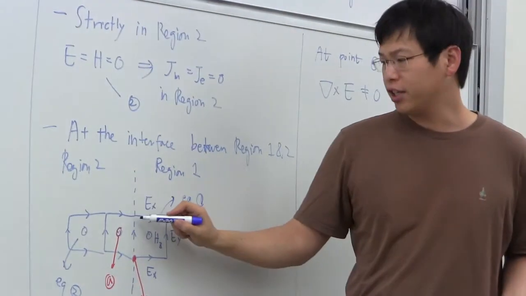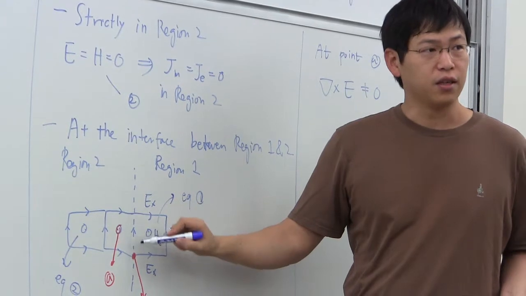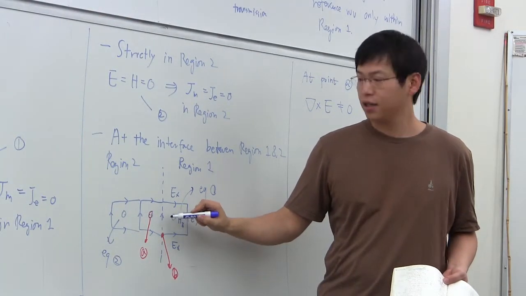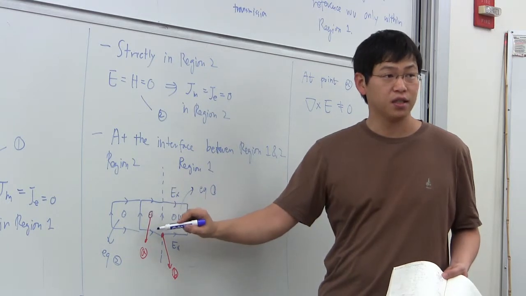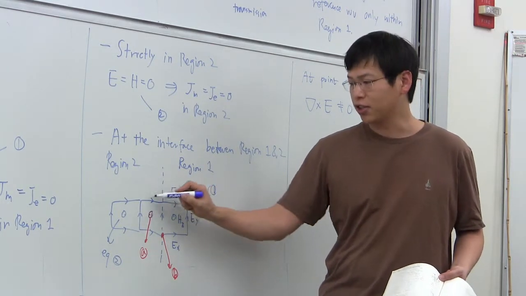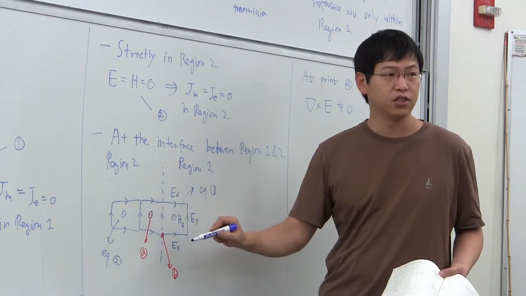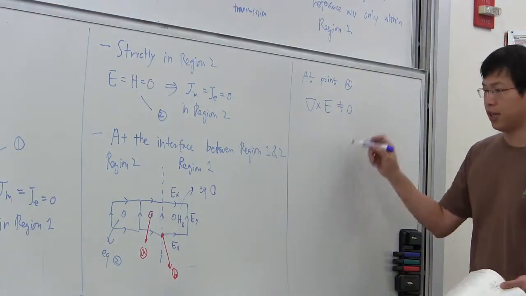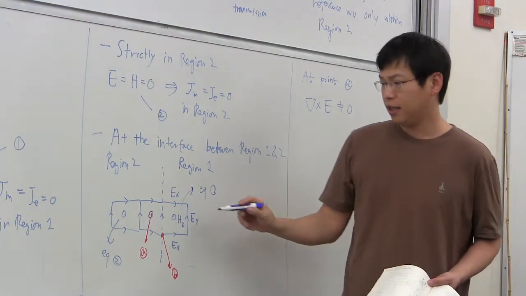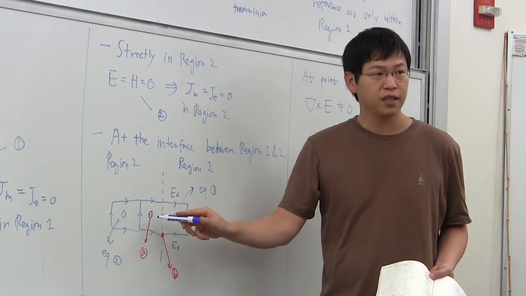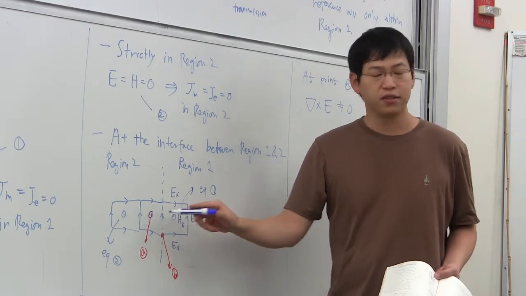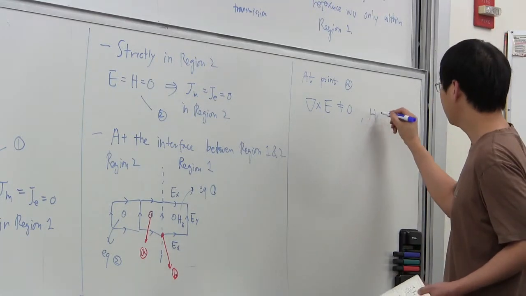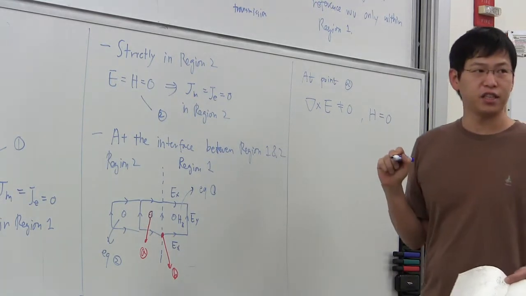At point A, your curl is not 0 because, this is important, E_y here is the E field of the reference wave, right? But at all three other sides, E field is 0. So if you calculate the curl loop here, then it is non-zero. So the curl is non-zero at point A. And the H field at point A is still 0, right? Because it is in region 2.